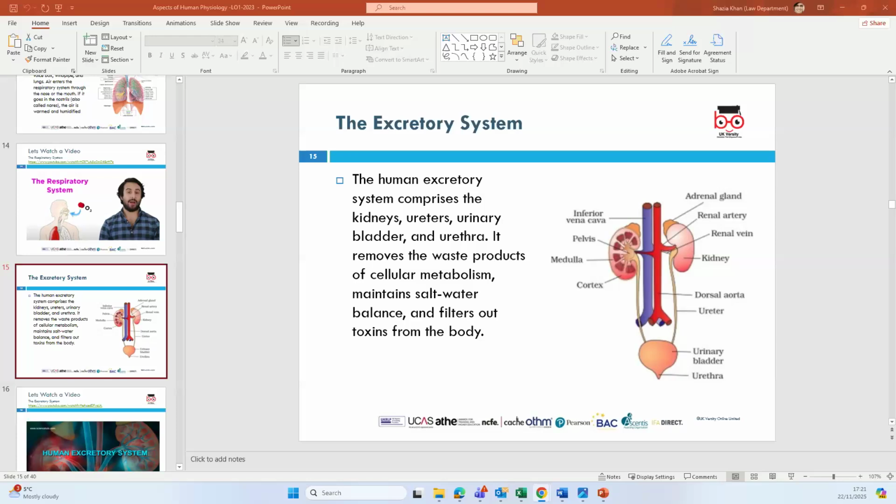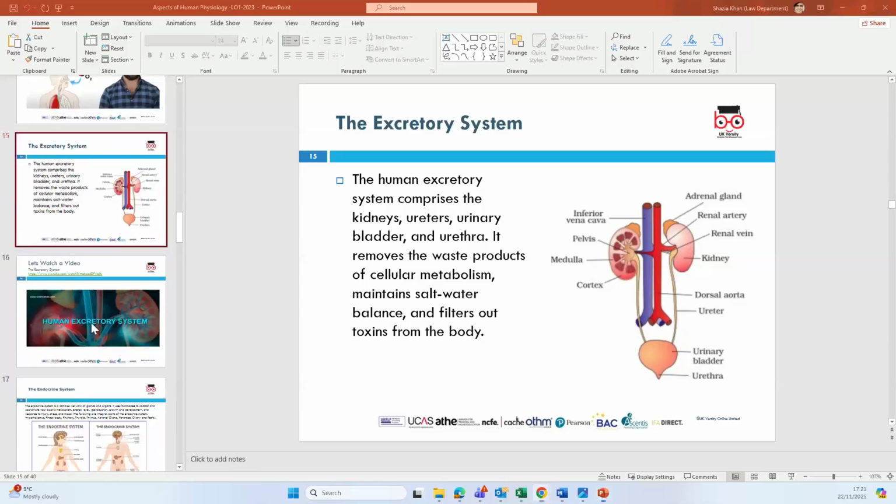So the key functions of the excretory system are to remove any sort of waste and regulate the body's water and salt balance. And the major organs involved in this are things like the kidneys, the urinary bladder, the urethra, the ureters, lungs, the skin, and liver. So these are things that are based around the excretory system.